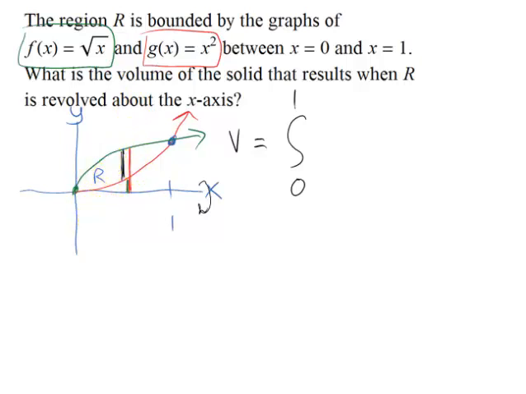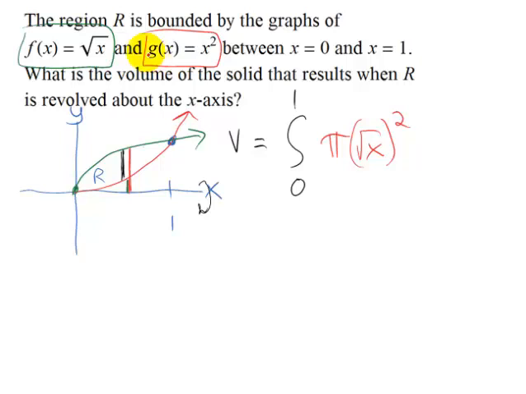So let's first express it as if we had rotated this and the curve had come down here to the x-axis. That's going to be pi r squared, and the r is going to be our y value of this upper curve, and that upper curve was square root of x. So square root of x squared, that's just the area of a circle, pi r squared.